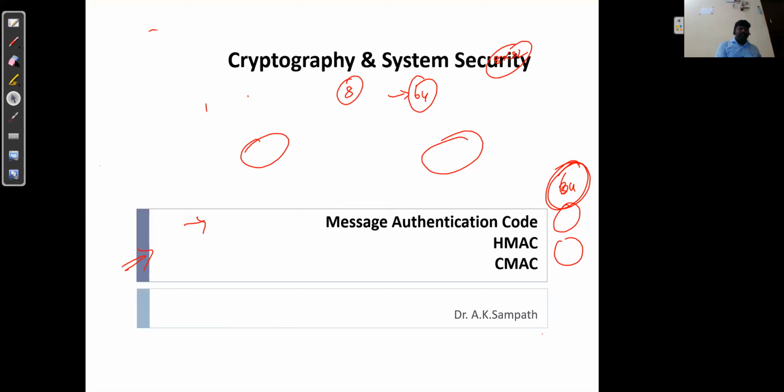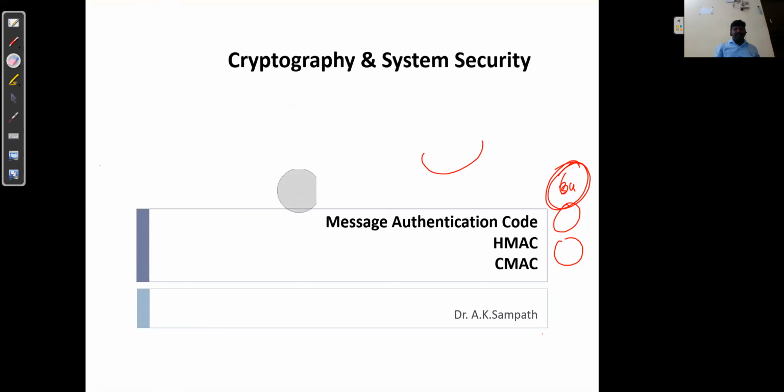I hope the shared screen is visible, which is based on the topic of message authentication code and hash message authentication code. Is the presentation screen visible? Okay.